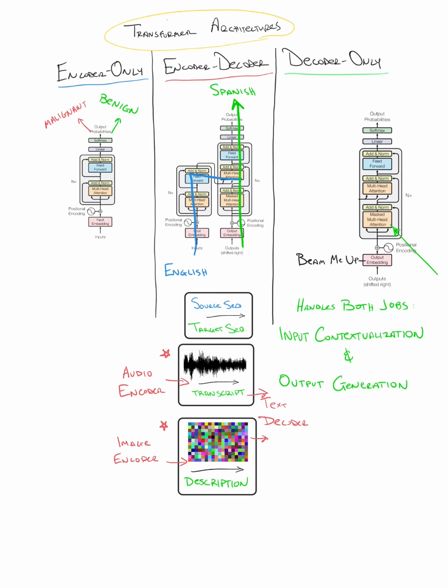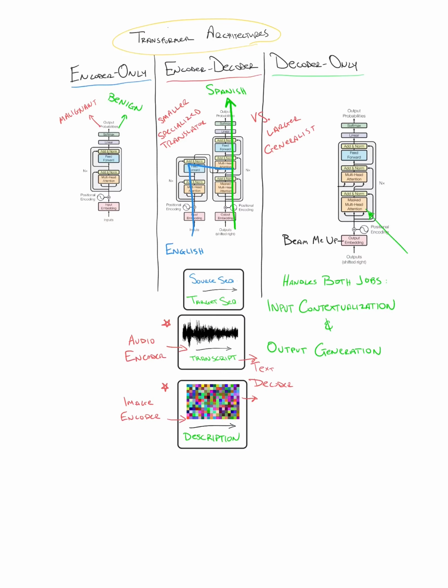Also, if all you need is a highly accurate English to Spanish translator on site, then you can run a much smaller encoder-decoder model that performs very well without having to run a much larger decoder-only model. As we get into the decoder-only model, just keep in mind that decoder-only models are great for a myriad of flexible tasks, whether that be coding or translation or general chat or a myriad of others.